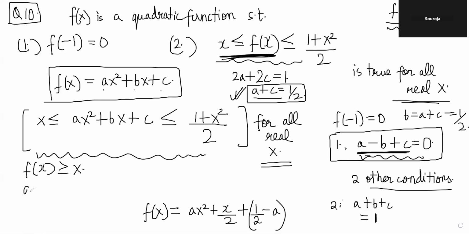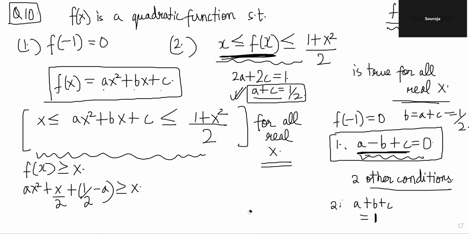So we can say ax squared plus x by 2 plus half minus a is always greater than or equal to x, right? This is true for all real x. So we can bring it to one side and we'll get ax squared minus x by 2 plus half minus a is always greater than or equal to 0, right?